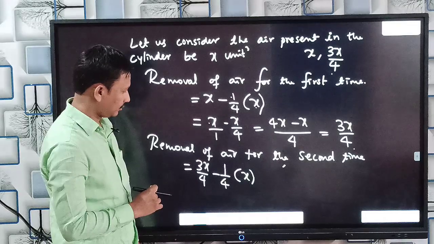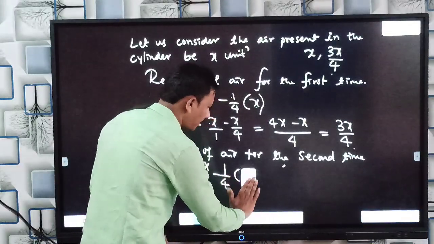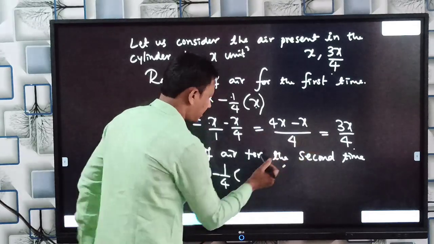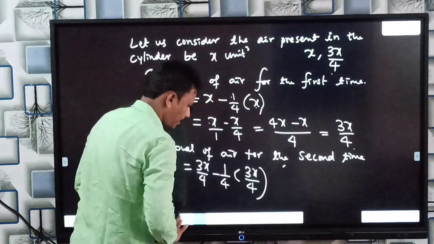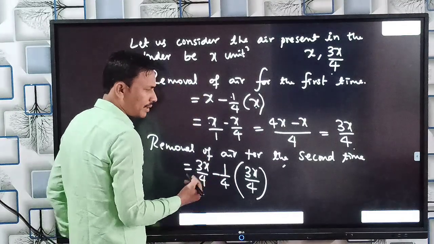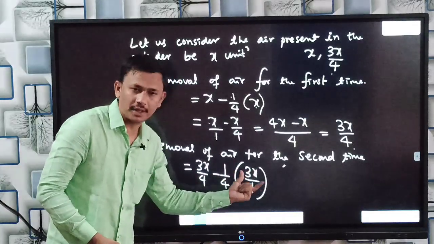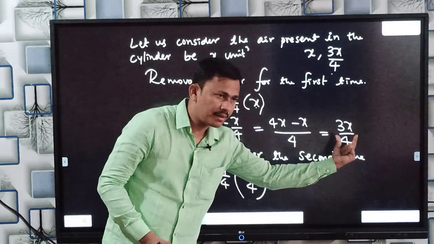What is the previous volume here? The previous value is 3x divided by 4. From 3x divided by 4 we must now subtract 1/4 of the previous volume. What is the previous volume? 3x divided by 4.